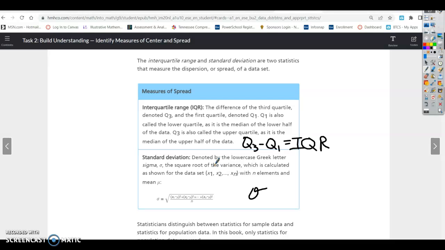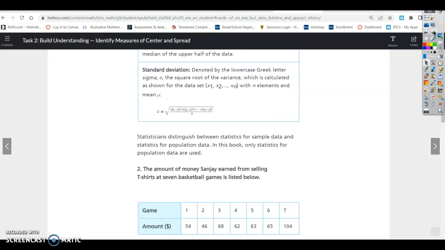Just know that standard deviation is denoted by the Greek letter sigma, and is the square root of the variance, which is calculated as shown, using the distance of the elements from your mean. So again, standard deviation is another measure of spread. Know the symbol, and you will see how to use your calculator to find that. So you do not need to know that formula. Feel free to write it down if you want, but it's much easier in the calculator.